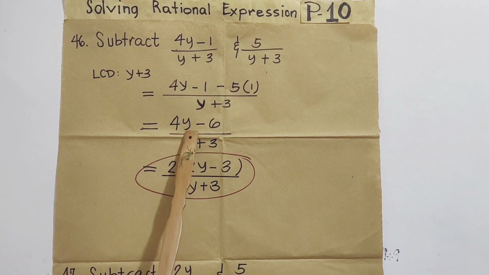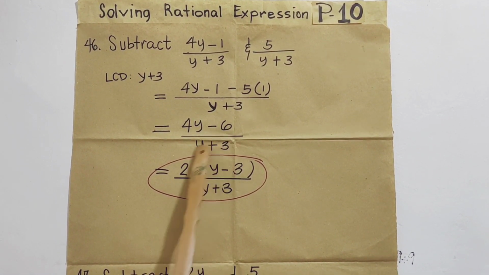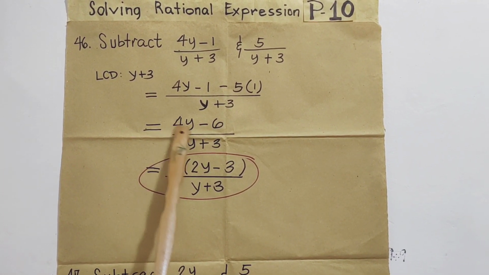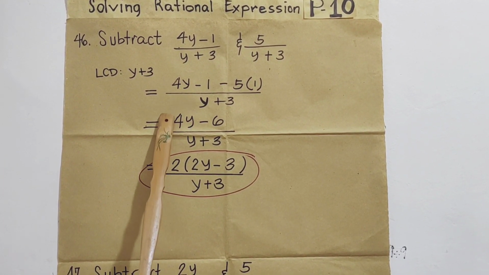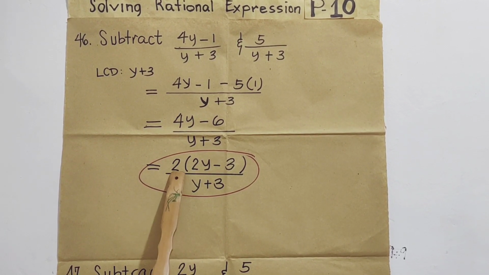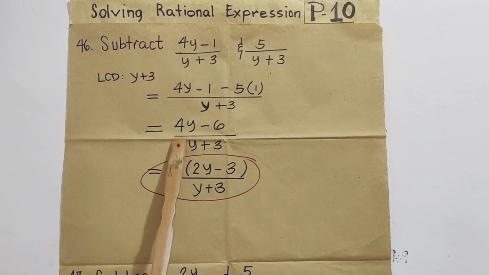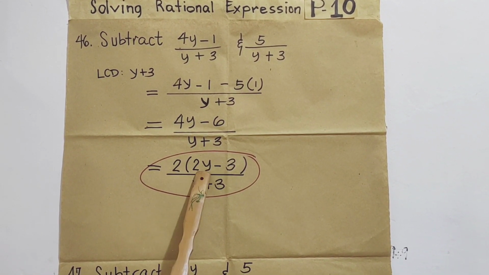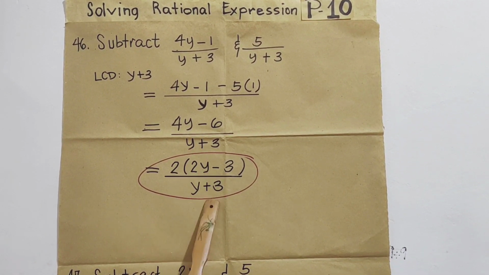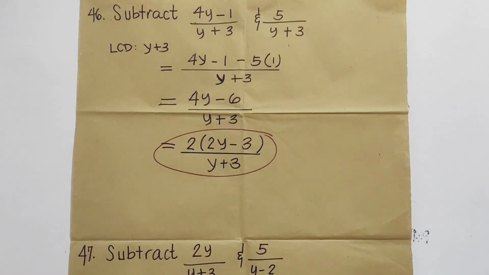Then we factor the numerator, 4y minus 6. The common factor of 4 and 6 is 2, so we're going to factor out 2. Write the parentheses, and 4y divided by 2 equals 2y, and 6 divided by 2 equals 3. And just copy the denominator. So this will be our final answer.